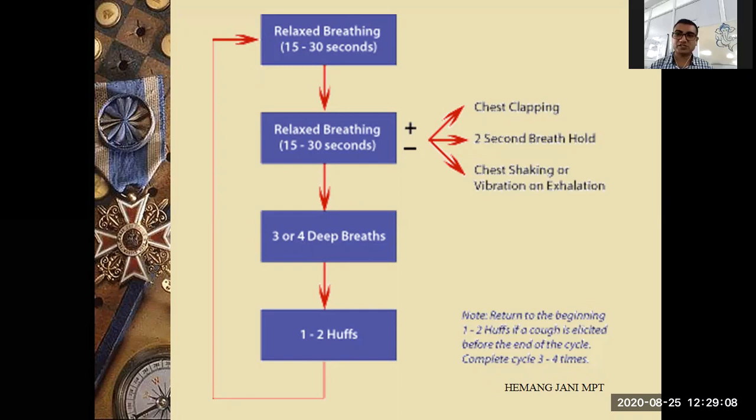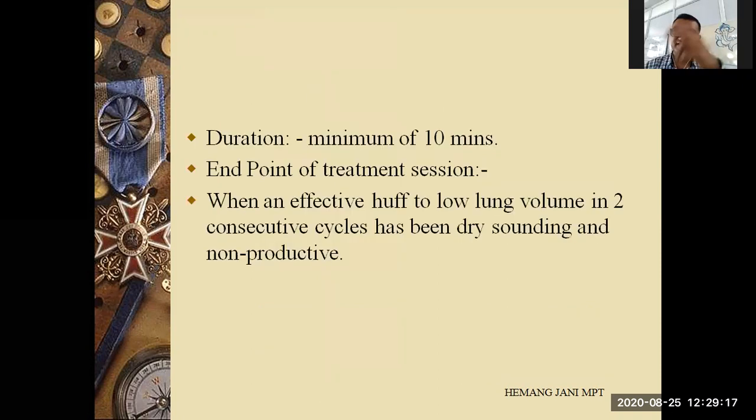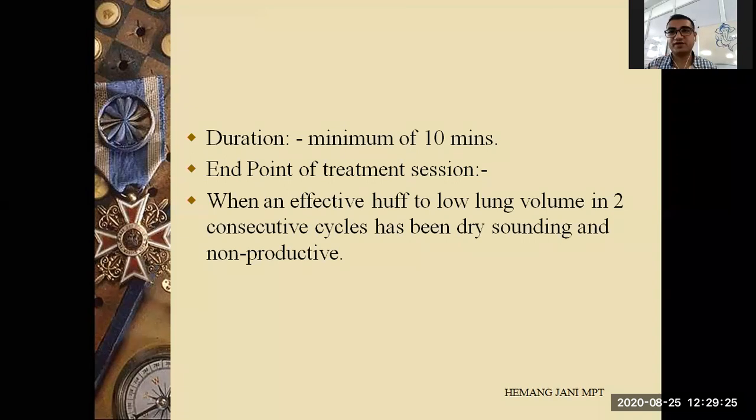You can go for deep breaths, huffing, thoracic expansion exercise, forced expiratory technique. This cycle will continue. You can use this cycle as per your convenience, but the duration should be a minimum of 10 minutes. What can be called the endpoint?